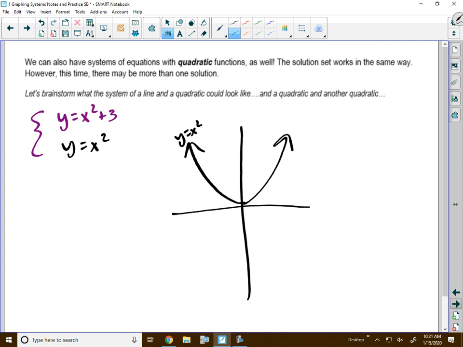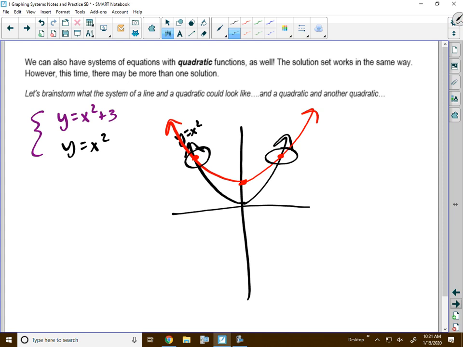The x squared plus 3 means that it moves up 3. So what would happen with the quadratic is it would actually intersect another quadratic 2 times. One's right here and one's right here.